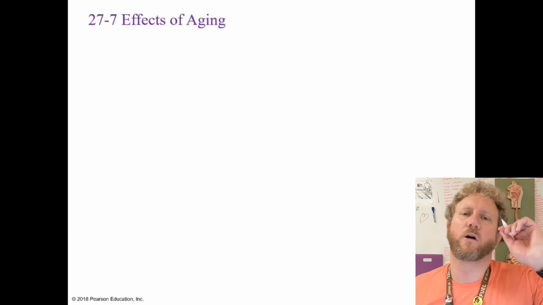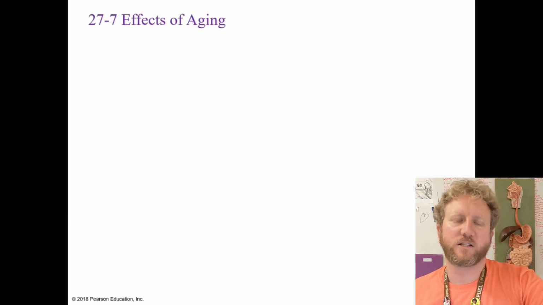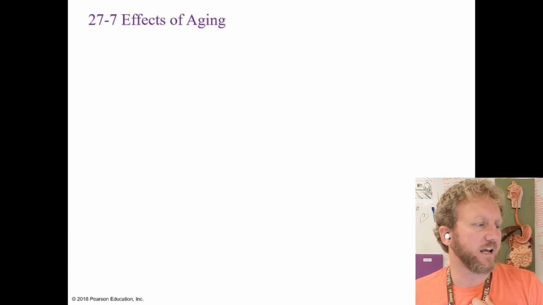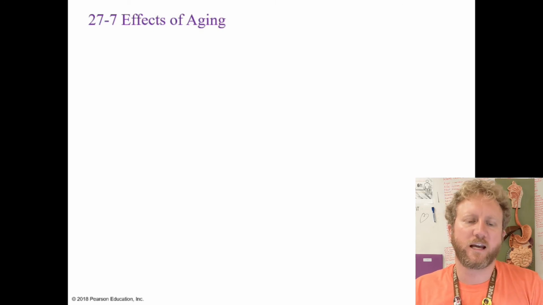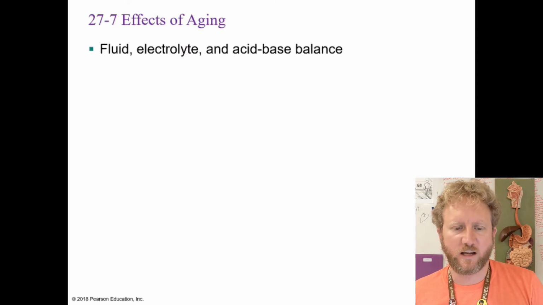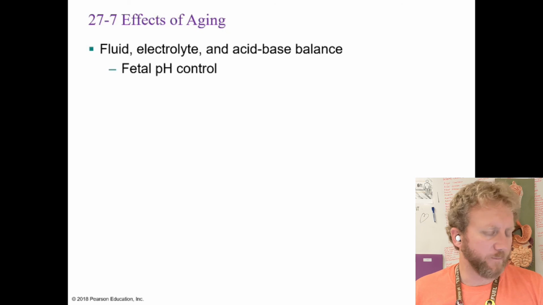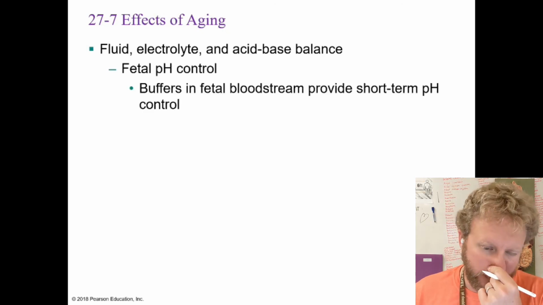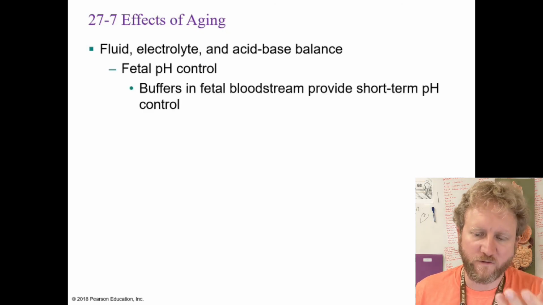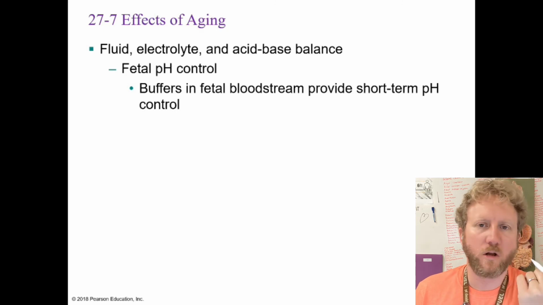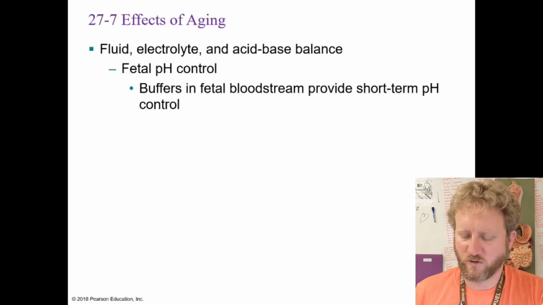All right, let's talk about what happens to your renal system and your ability to maintain fluid, ion, and pH changes as you get older. Fetal pH control is driven by buffers that do short-term control. The baby kidneys don't do that much.